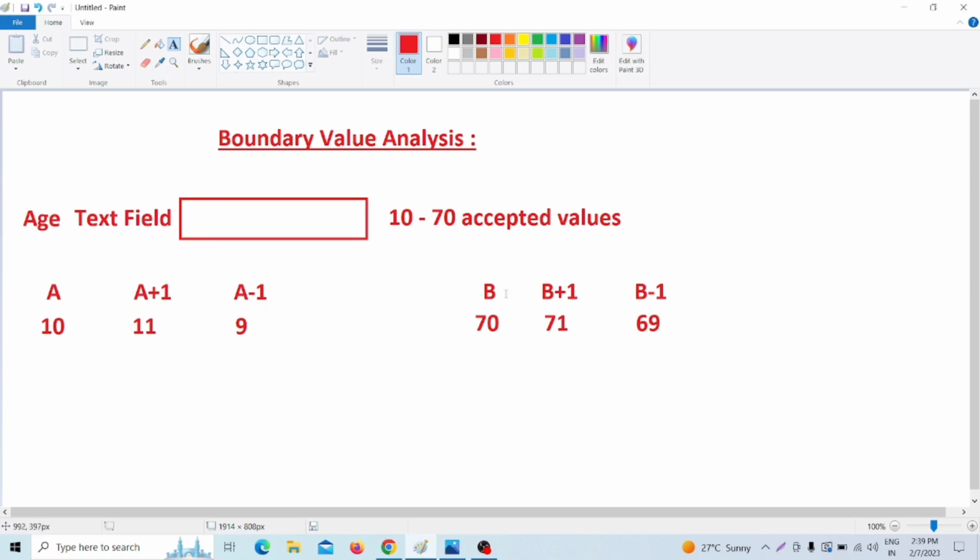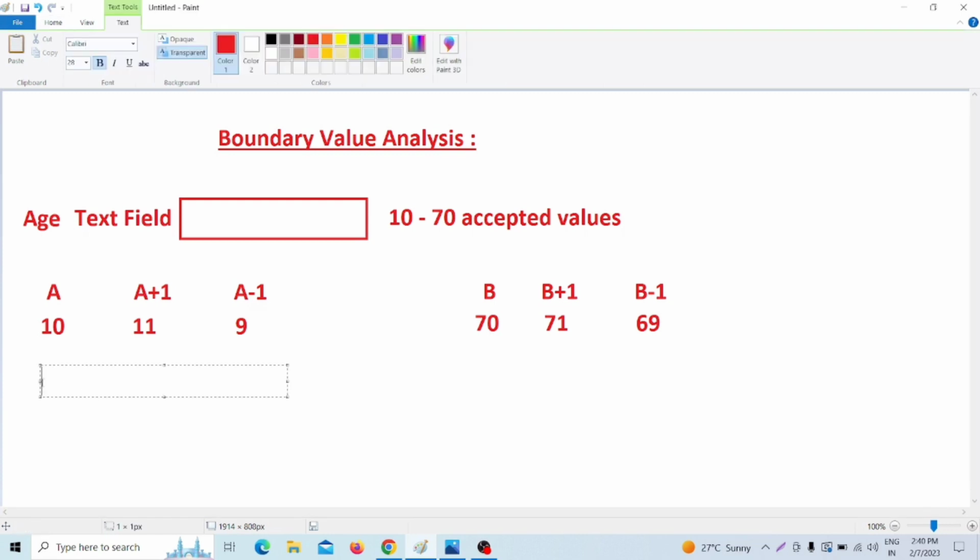And same for 71. 71 is greater than 70. So we have to put 71 also, and check whether 71 is accepted for that text field or not. So what are the valid inputs? Valid inputs are here 10, 11, 69 and 70.